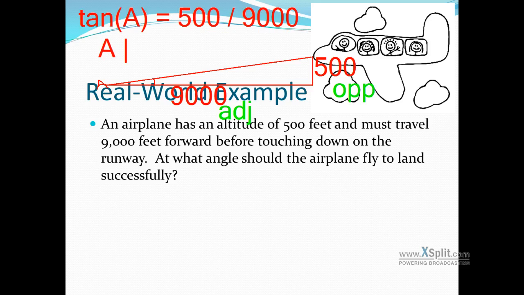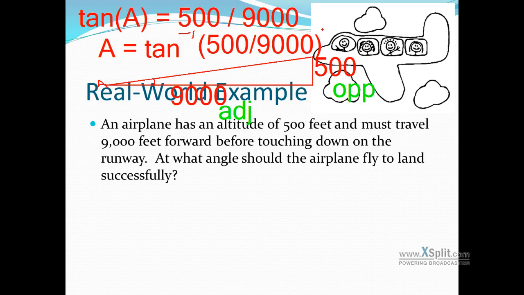I can take the tan inverse of both sides, so angle A is equal to tan inverse of 500 over 9,000. We're going to get that that angle is about 3.2 degrees. That means this angle right in here is a 3.2 degree angle.